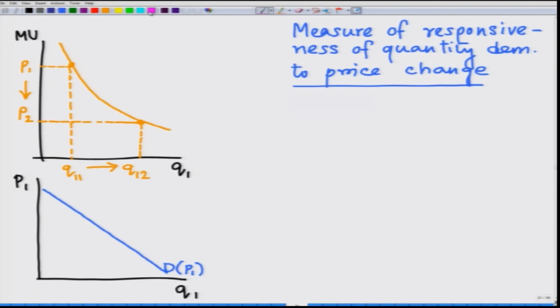And as we are discussing the demand function, this is called elasticity of demand.